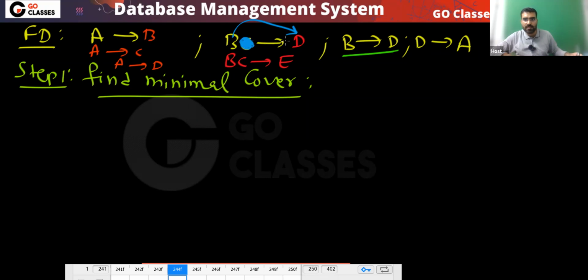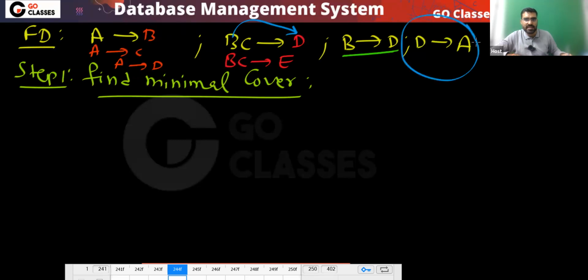Now these are duplicate: B determine D, B determine D. So this is definitely gone. What about this one here? Can B determine E? No. Can C determine E? No.